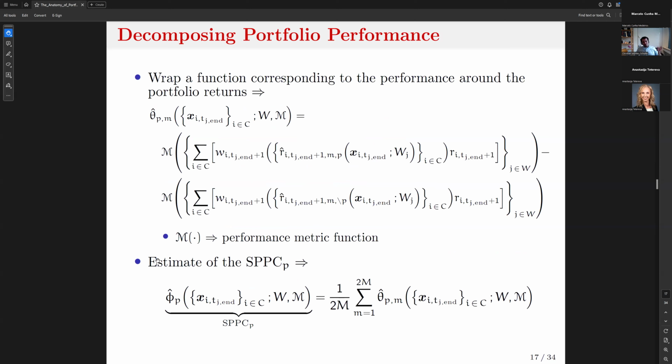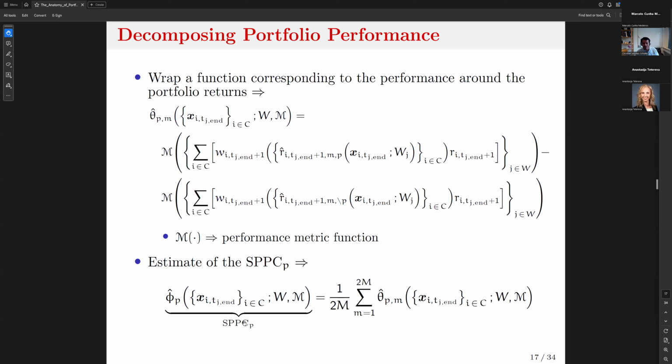So what do you do to compute the contribution to the performance metric of your choosing, which we denote by M? You wrap around the function, but in a way that you keep all of the nice properties: local accuracy and consistency.